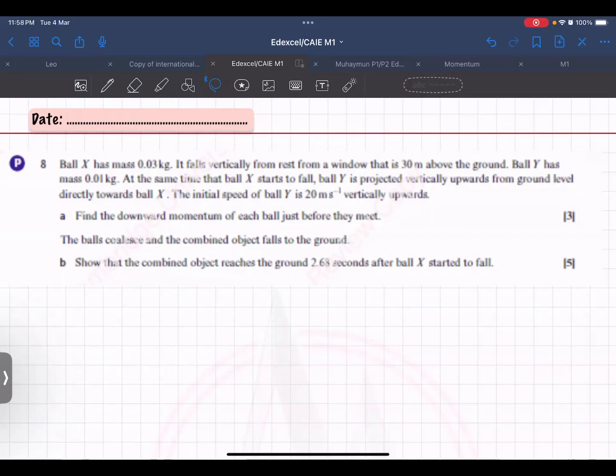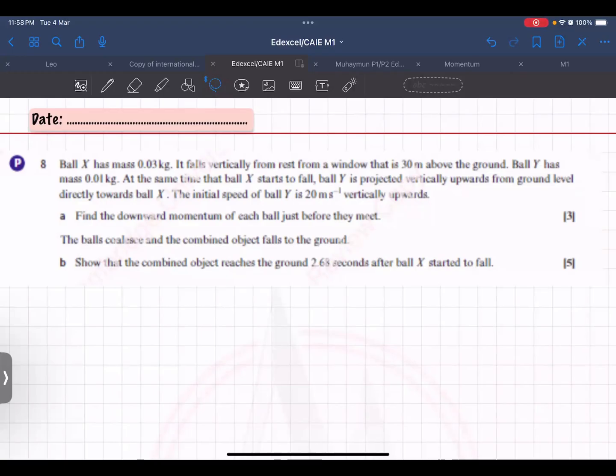But this won't always be 30. As time changes, the distance between them would change, isn't it? No, sir, but the total distance they travel would be 30, both of them together. Right. Ball X would come down some distance and ball Y would come up some distance, and then yes, you can do it like that.